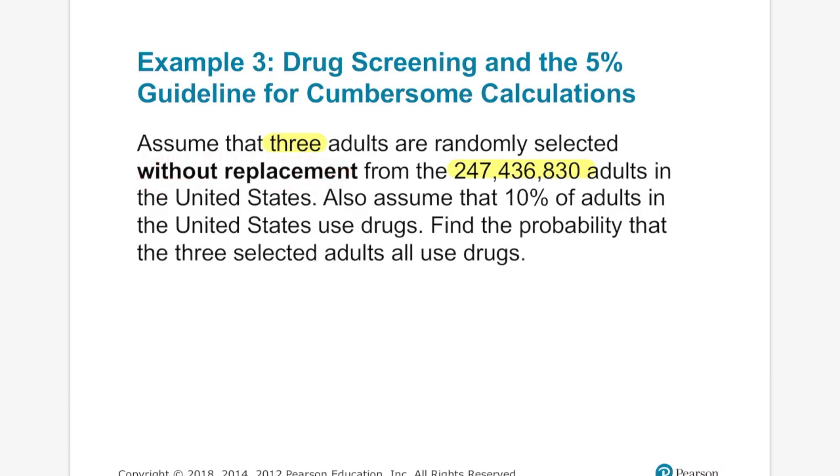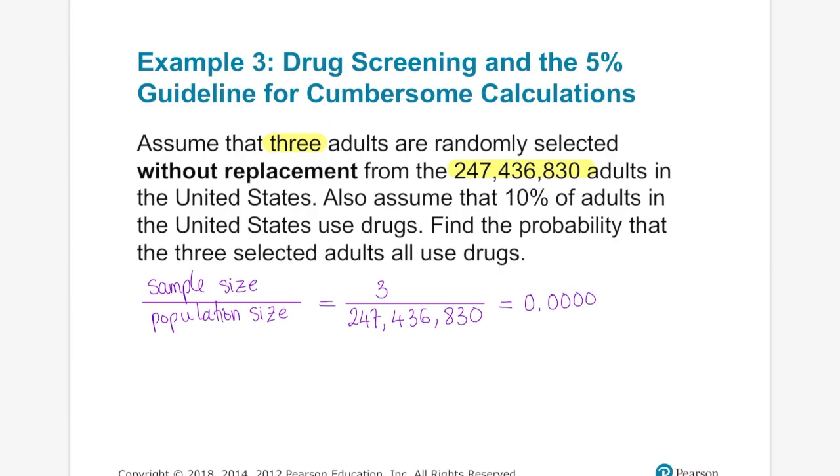So this selection is without replacement. In general, this is dependent. However, my sample size is only 3, and my population size is 247 million. If I take the sample size divided by the population size, which is 3 over 247,436,830, I have 0.0000000121.